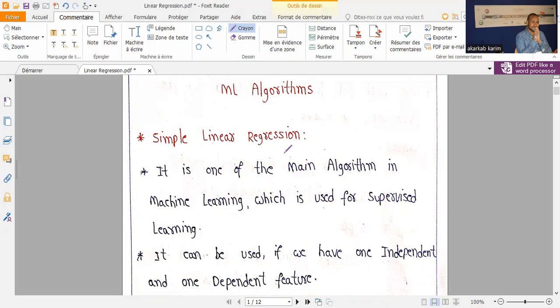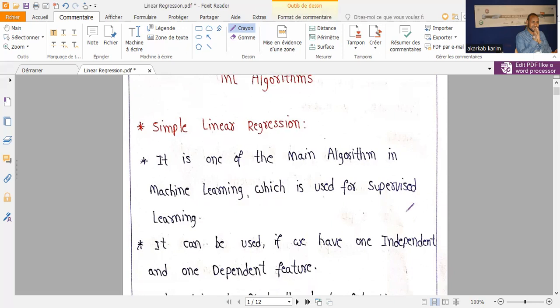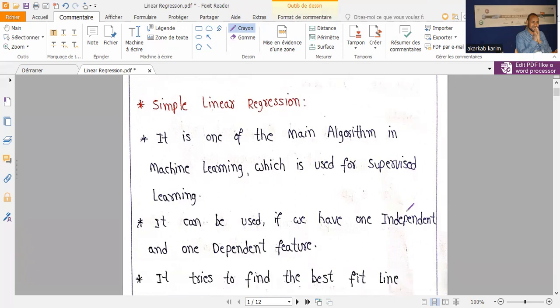Linear regression is used to solve regression problems, which is the first type of machine learning.